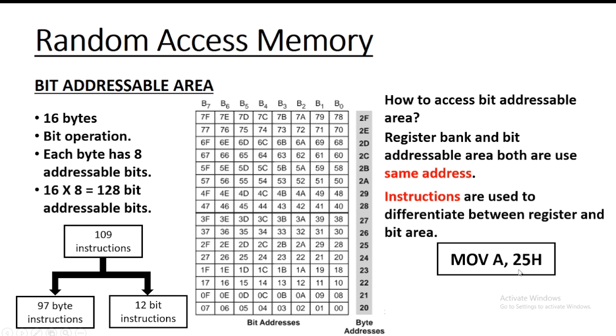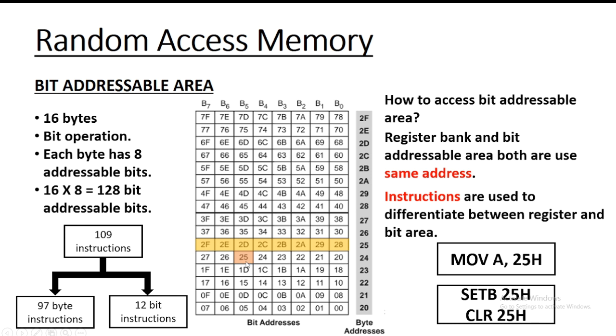If you look at this instruction, MOV A, 25, so 25 is the address and from that address data will be copied into the accumulator. But here 25 is this location, and from this location a byte of data will be copied into the accumulator. Why so? Because MOV is a byte instruction, it operates on bytes, whereas SETB and CLR are bit addressable instructions.